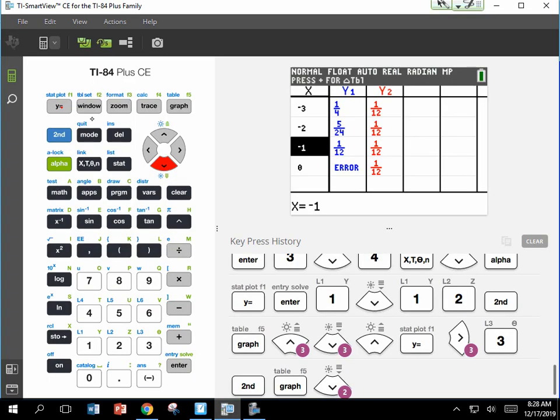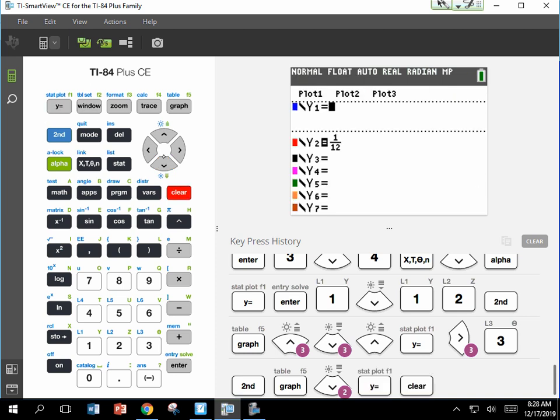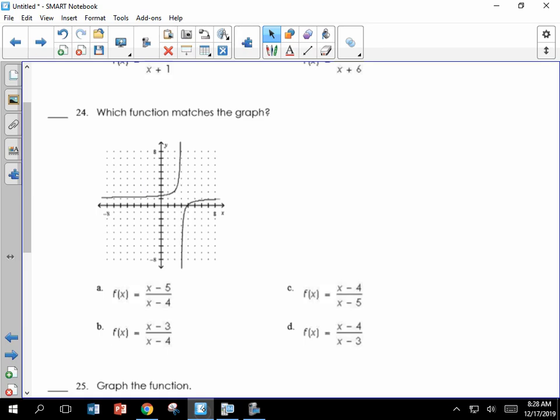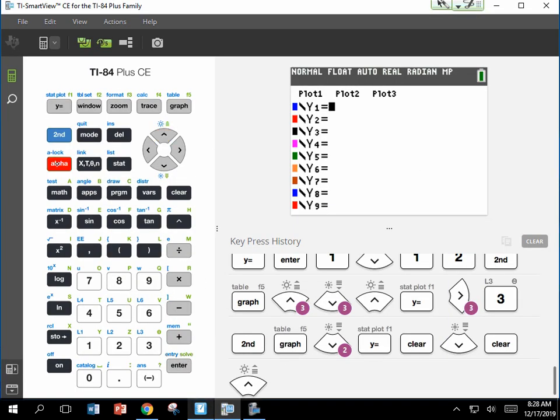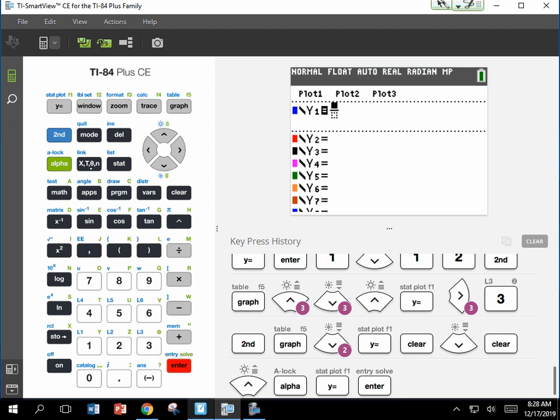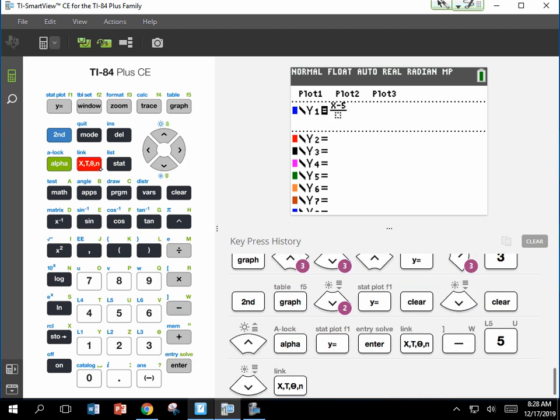So we go to alpha y equals. And the first one, y equals x minus 5 over x minus 4.